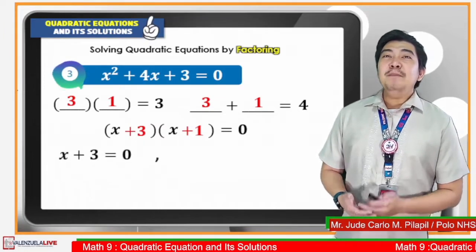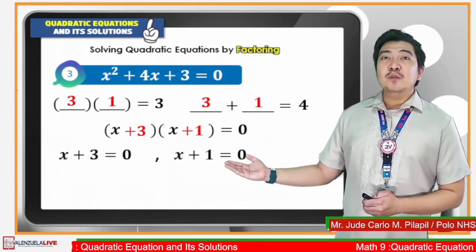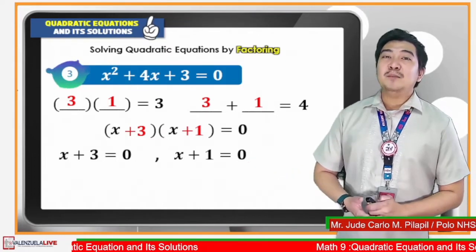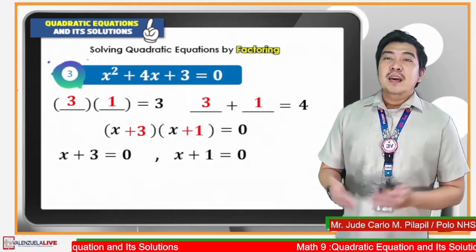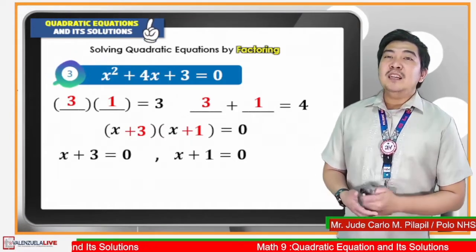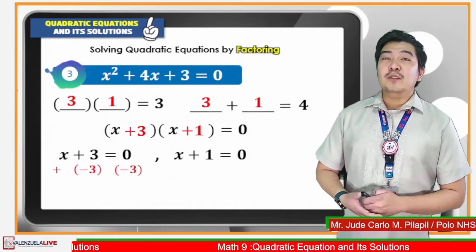Next, we will be applying our zero product property. We need to equate both factors to 0. So that will be x plus 3 is equal to 0 and x plus 1 is equal to 0. In the equation x plus 3 is equal to 0, we will apply the addition property of equality by adding negative 3 to both sides of the equation.